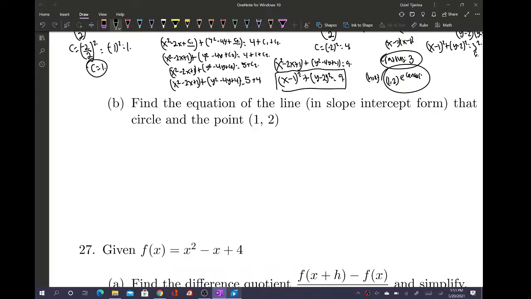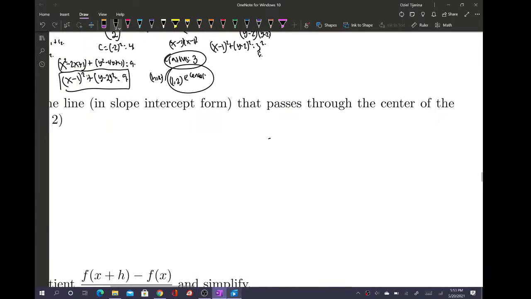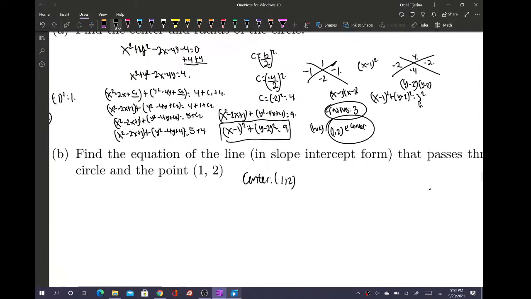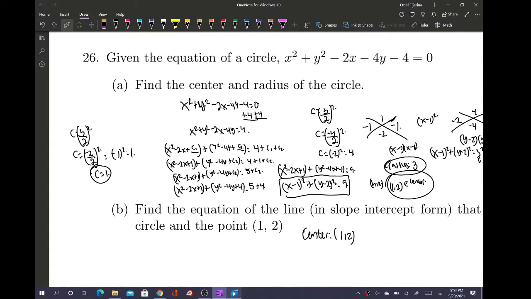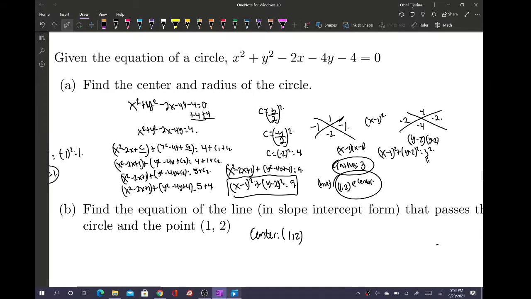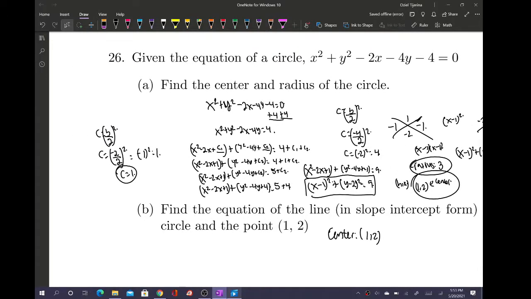I don't think there's an equation that only passes through that point, because the center is (1, 2), right? Yeah, it is (1, 2).